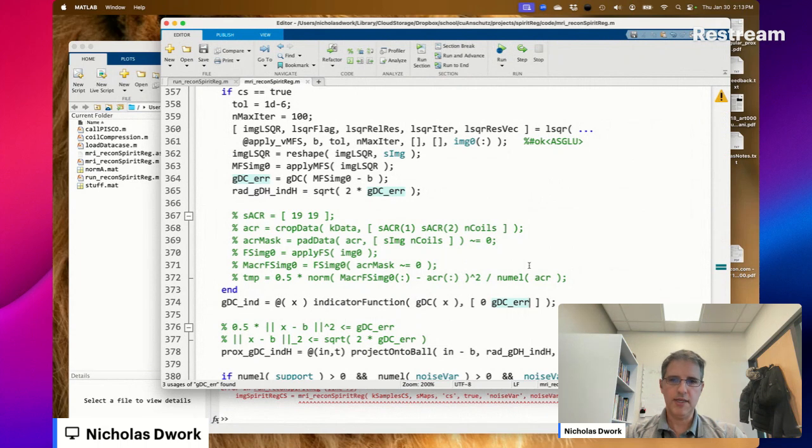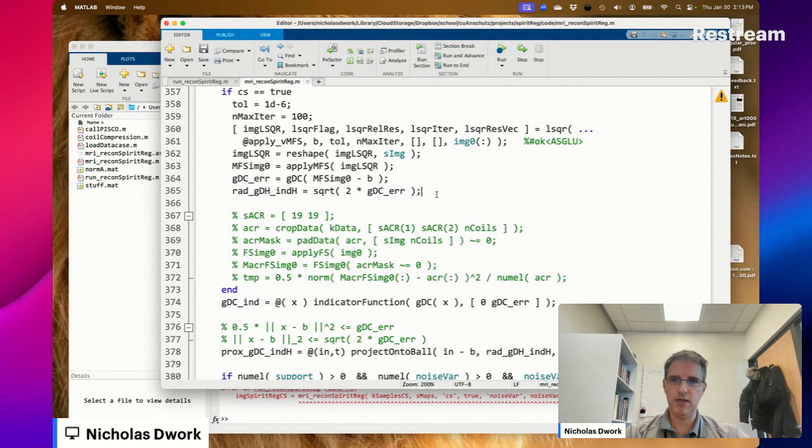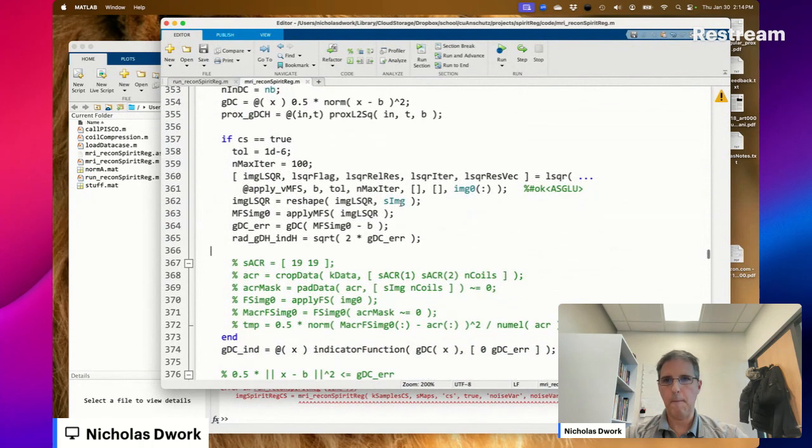With that definition of the bound, is it possible for this thing to be infeasible? I don't even think it's possible for this thing to be infeasible anymore. This is absolutely amazing.